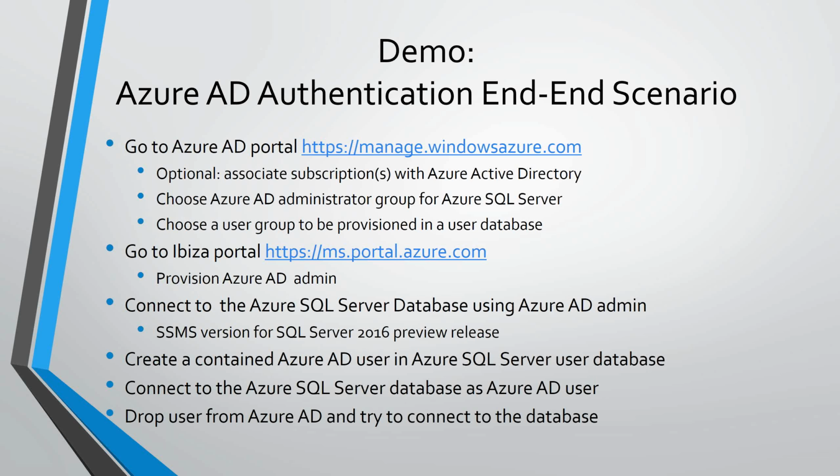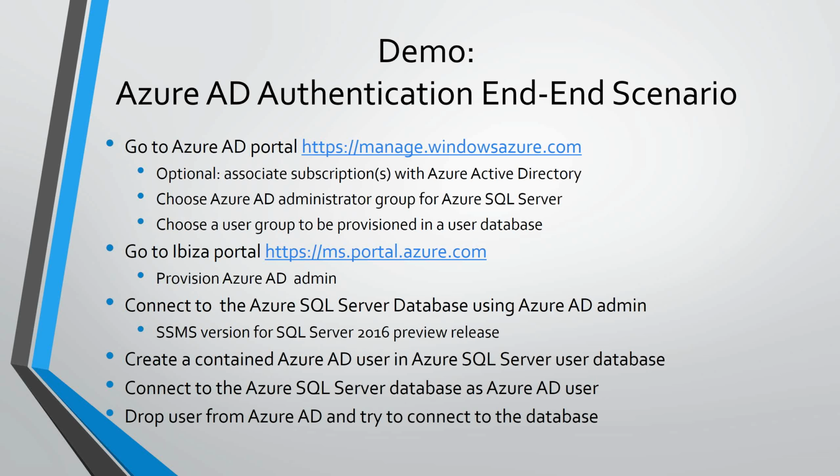Active Directory. Once we are done with this, we go to the Microsoft portal, to Ibiza, to provision Azure Active Directory admin for a given SQL Server version 2012. This provisioning is kind of GUI driven, and I will show you a couple of screens there as we go through the demo.